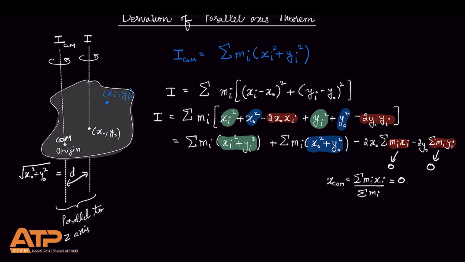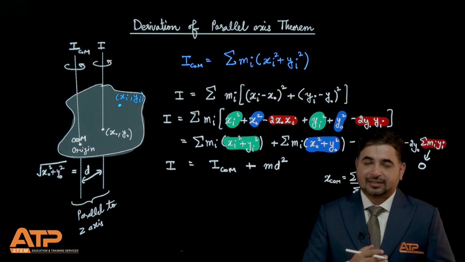It's on the origin itself. If x center of mass is on the origin, this summation will be 0. Similarly, this summation will also be 0. If these two terms are 0, then I is equal to ICOM plus MD square. Isn't it the case? And that is exactly what we wanted to prove. This is the proof of parallel axis theorem.